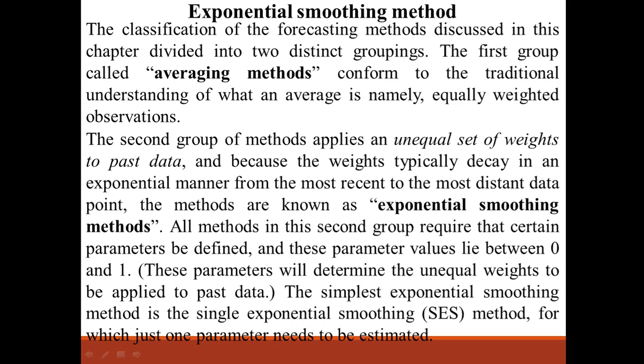So the conclusion of this slide: the exponential smoothing method applies an unequal set of weights to past data. The second important point is that the parameter of exponential smoothing, or the smoothing constant, lies between 0 and 1.